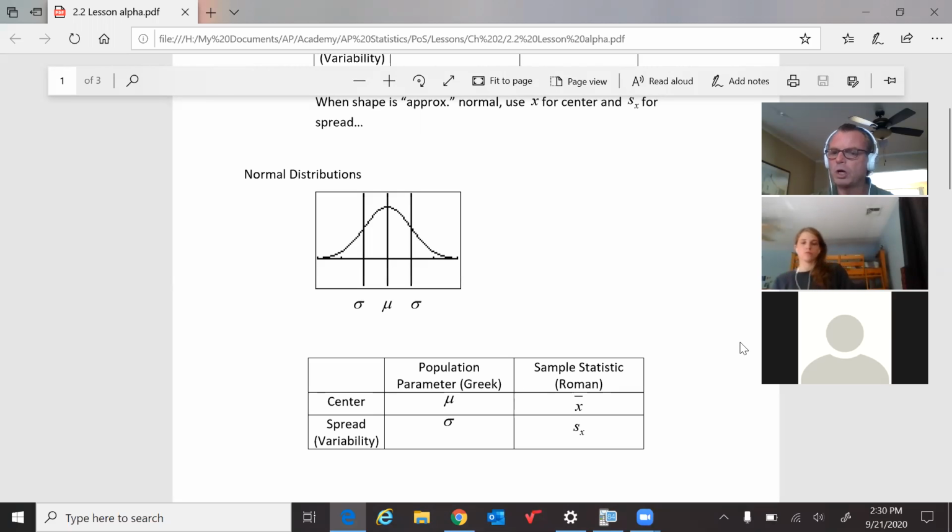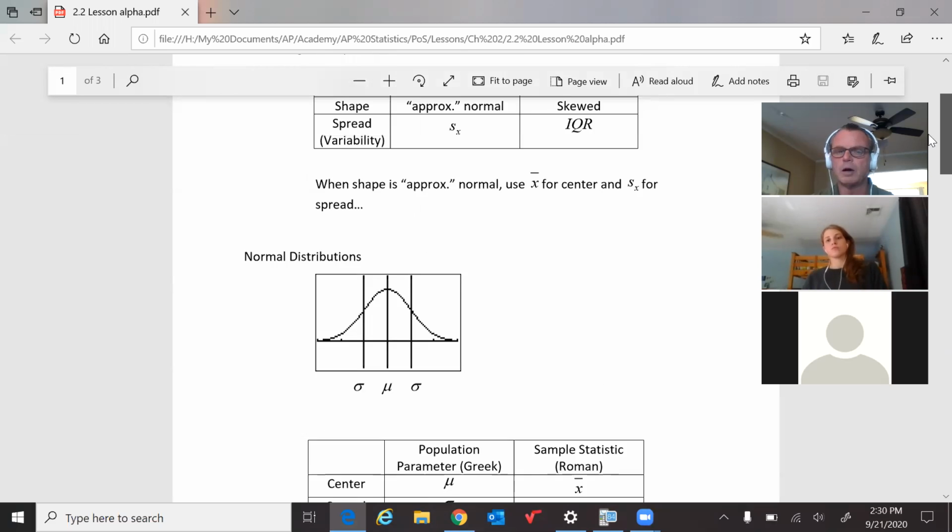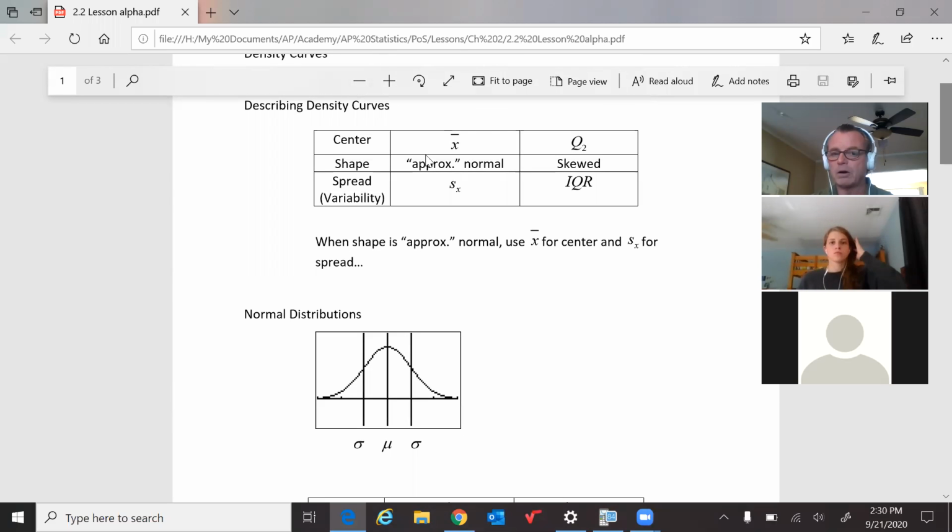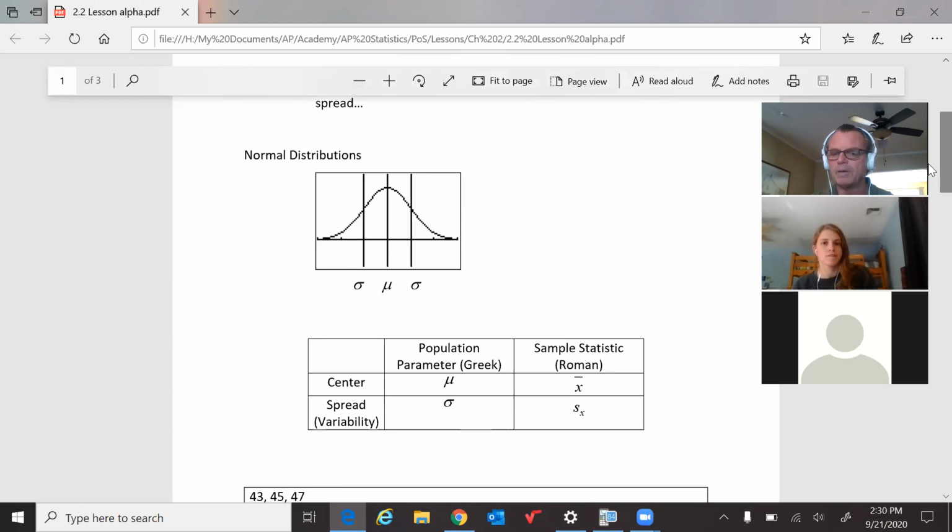You told us the center was x-bar up here. The mean is x-bar. That's a Roman letter. That's the center of a sample distribution. The sample, again, it's also alliterative, gives you a statistic.